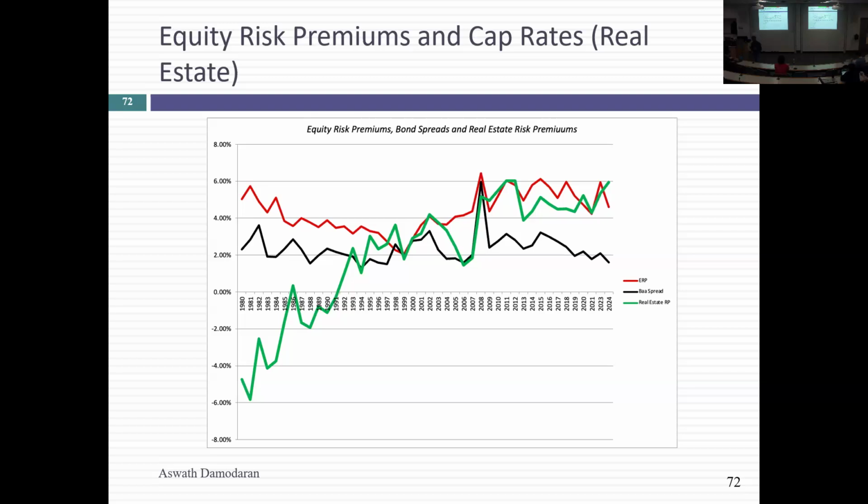And something very weird seems to be happening, especially if you look before the 1990s. The risk premium on real estate is actually negative. I'm asking you to accept less than the risk-free rate as your long-term return on real estate. And you know what? People did. I don't know whether they still do this in classrooms. When I first started investing, I was told that every investor should find a way to bring real estate into their portfolio.